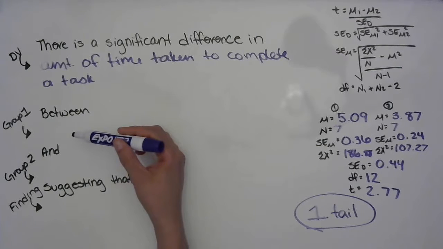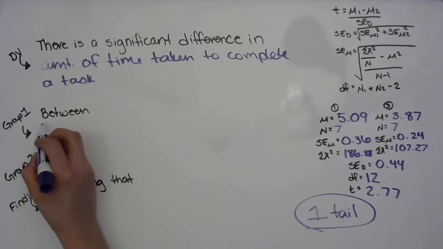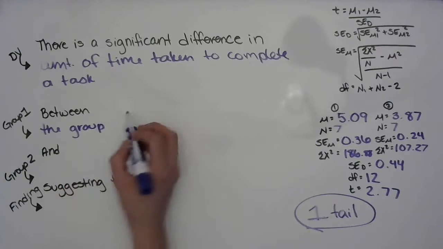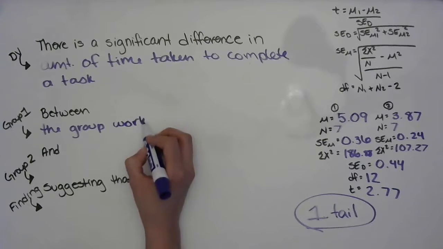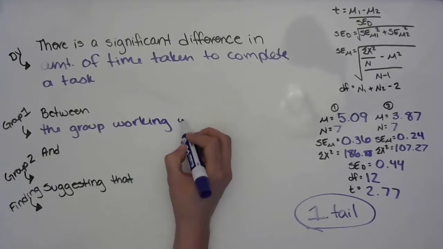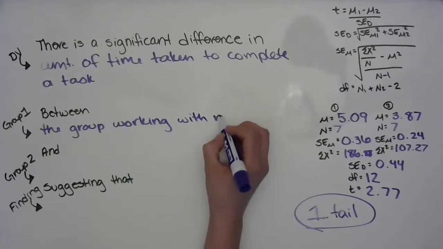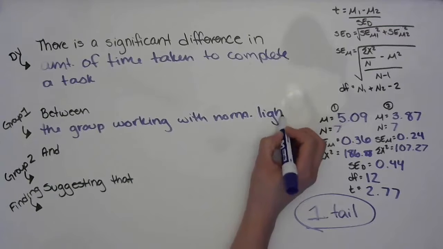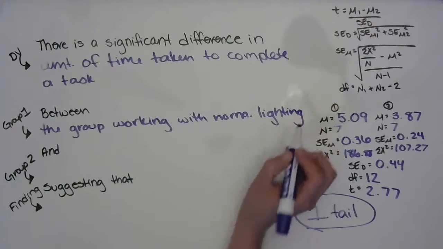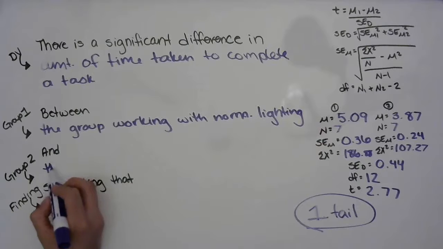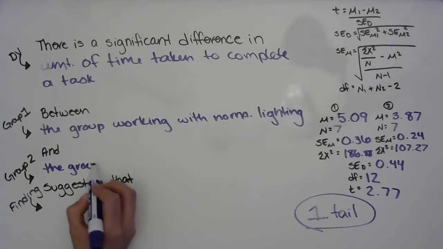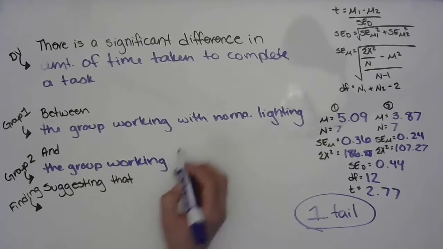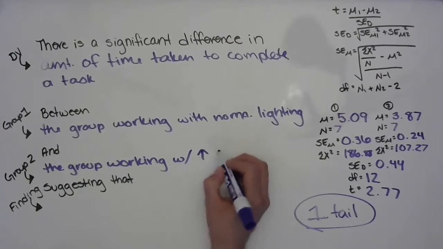Now group 1 had the normal lighting, so between the group working with normal lighting, and then our second group was the group working with increased lighting.